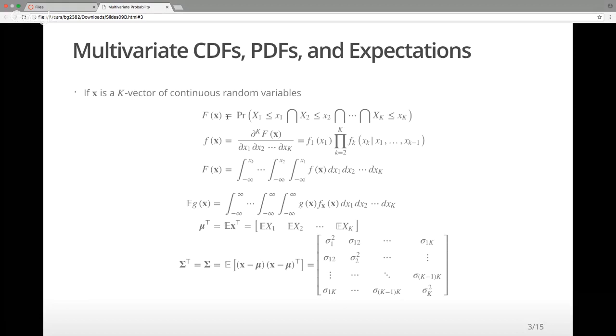Okay, so if we can't do very much explicit calculus on a PDF or a CDF, how might we construct a multivariate distribution?